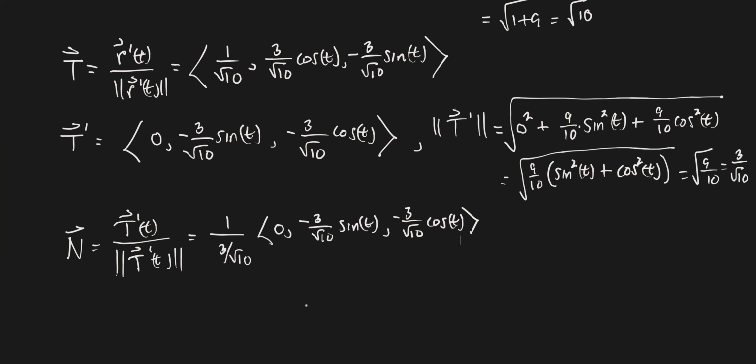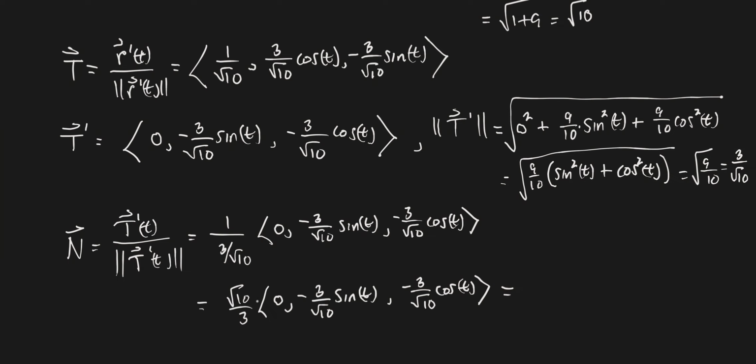But if I'm taking the reciprocal of 3 over root 10, then it's the same as root 10 over 3, if I just flip it over. And then when I distribute it to the components of our vector, look at what's going to happen. The constants will multiply out to be 1, right?